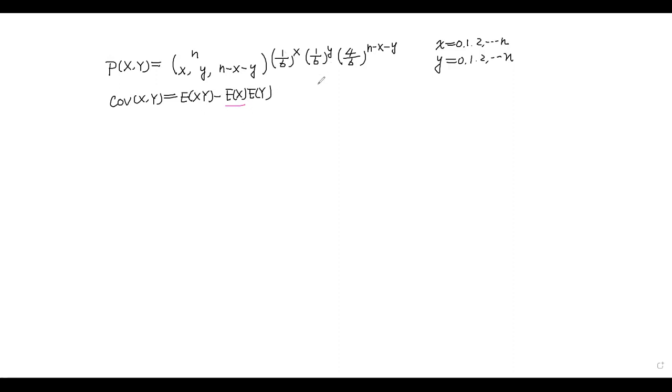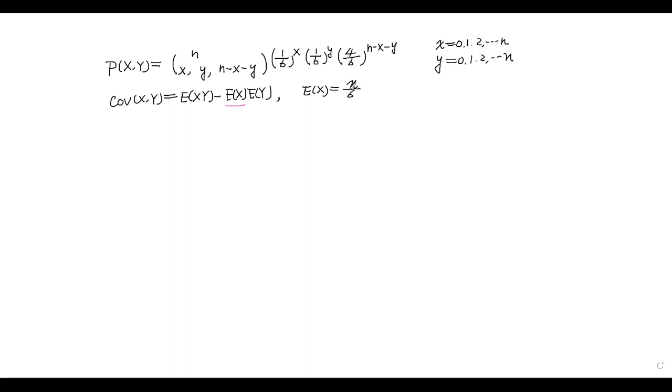So the expected value of X is n times p, which is n over 6.